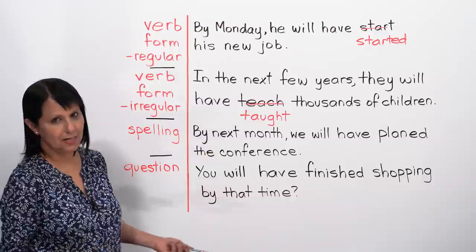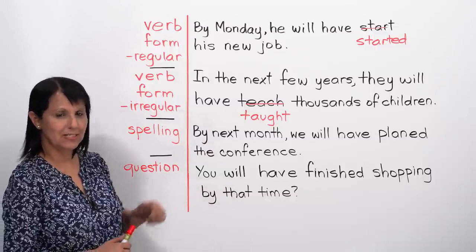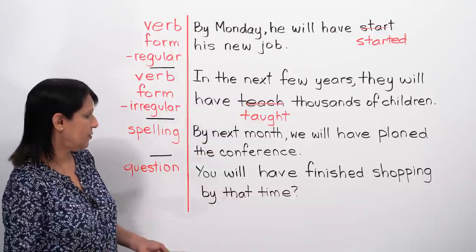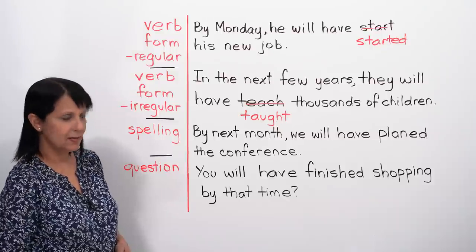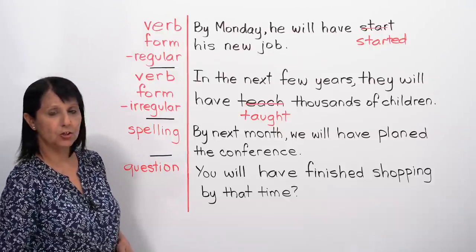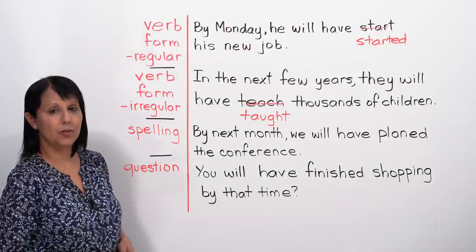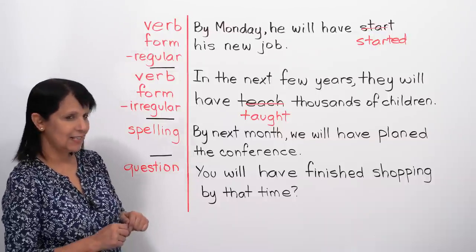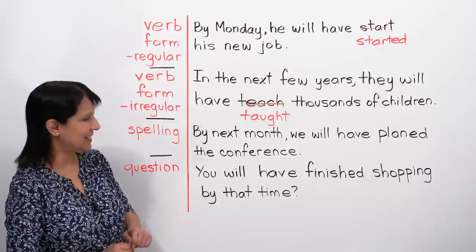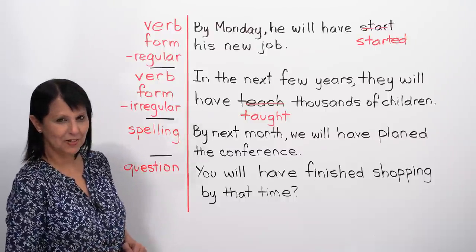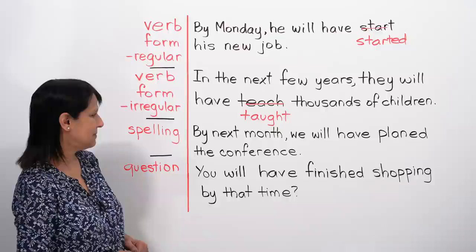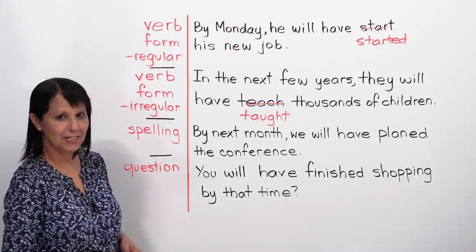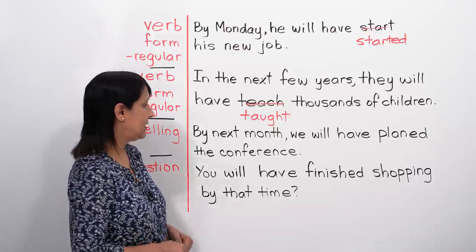Spelling. Sometimes the mistakes are in spelling. We looked at some of those earlier. For example, by next month, we will have planned the conference. That's what the person wanted to write, but they made a little mistake in the spelling. Where's the mistake? Can you find it? So the mistake is actually in the spelling of the verb.